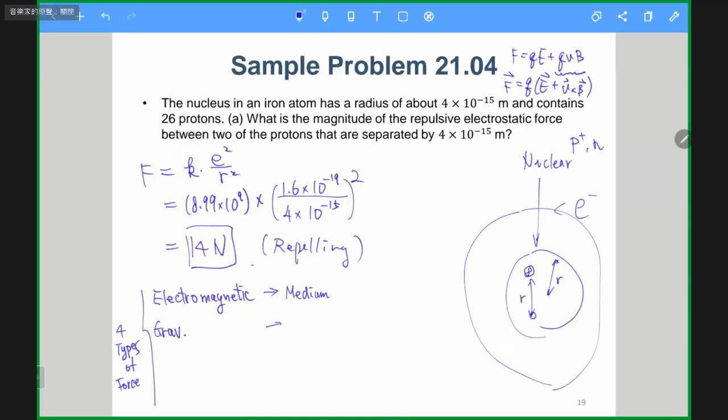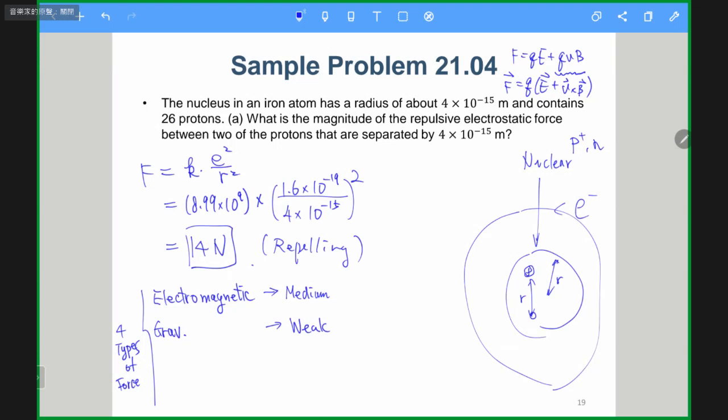This is very weak compared with the electromagnetic force. Of course, we know some gravitational force can be quite large, but it needs a very large mass, like the mass of the Earth. The gravitational force between us and the Earth can be strong because the Earth's mass is very large.